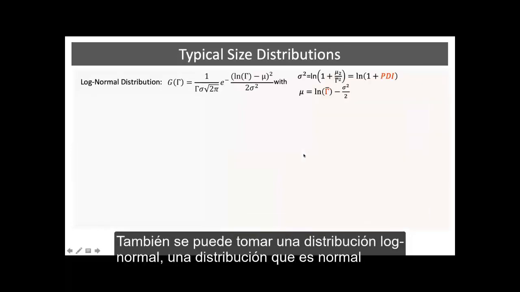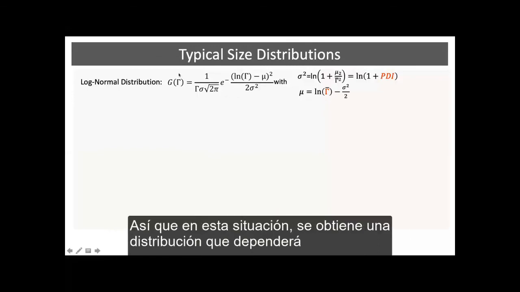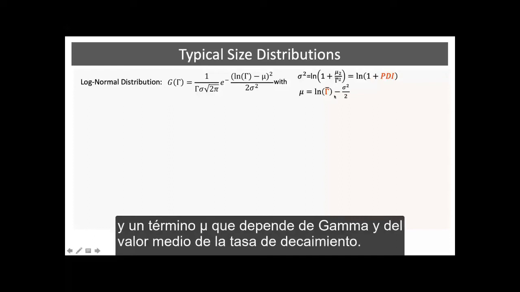Now, you can also take a log normal distribution. So it's a distribution which is normal, but when you have your variable x expressed in log scale. In this situation, you have this distribution, which will depend also on a term sigma, which is related to the polydispersion index you have measured from the data, and a term mu, which depends on gamma and on the mean value of the decay rate.